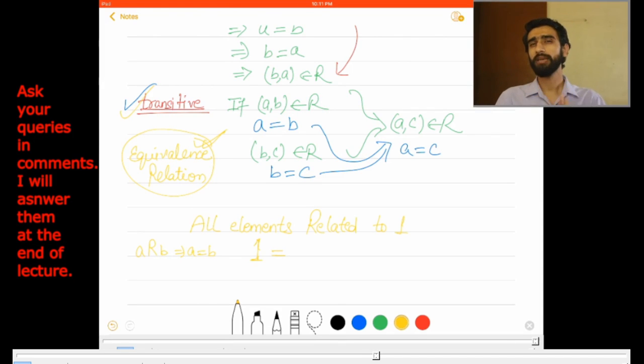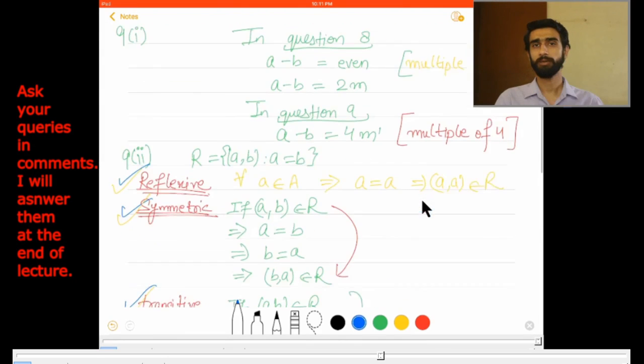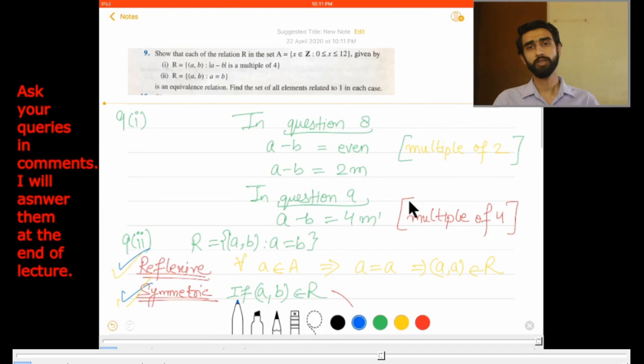So only those elements will be related to 1 which are equal to 1. And which number is equal to 1? There is only one element. 1 is equal to itself. So all elements related to 1 is only 1. 1 is the only element which is related to itself according to this relation.